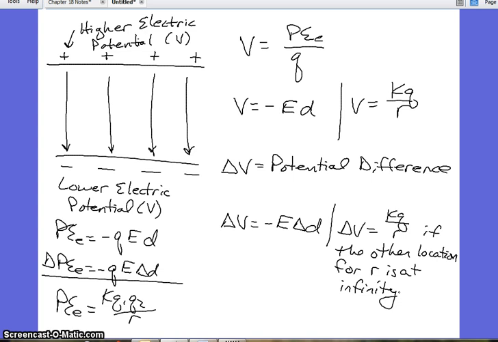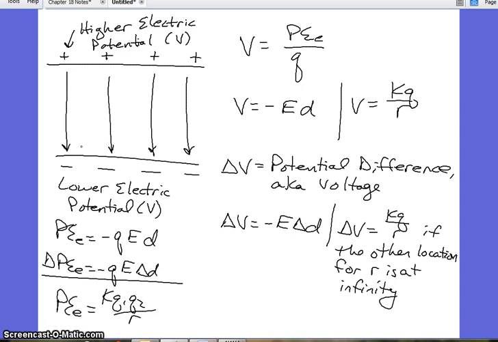Now, this potential difference is also known as the voltage. And we're going to eventually talk about how this is applied to batteries, because most people think about batteries when they think about voltage and that application. Now, again, there is no charge in this location, so we can talk about the voltage of a battery without any kind of a charge being connected to the battery.